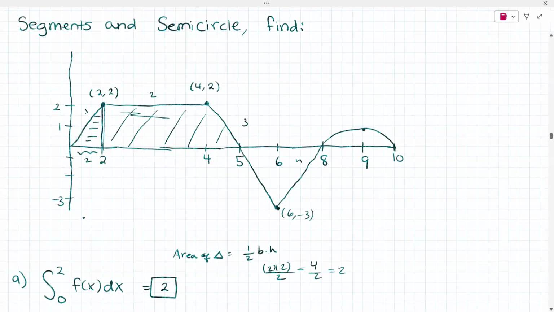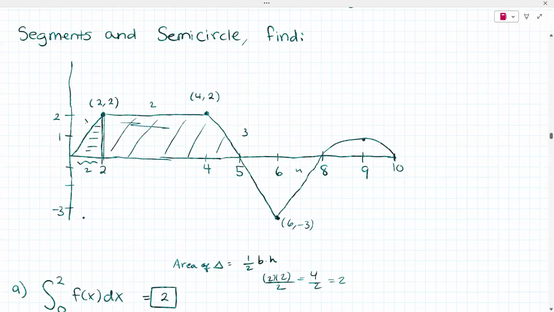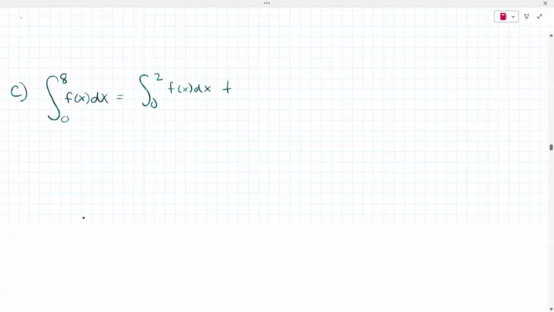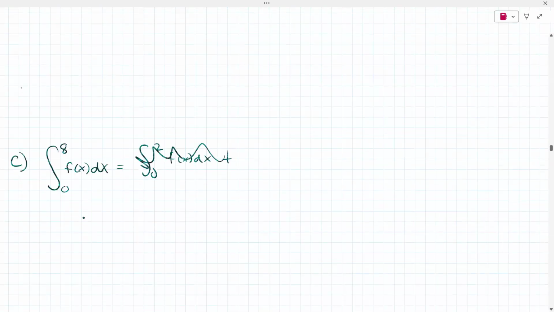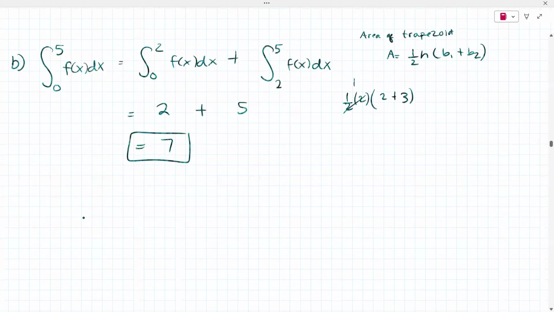Actually, no. I've got a better idea. We could take the answer from B because that's from 0 to 5. I just realized that. So on C, it would be the integral from 0 to 5 of f of x dx plus the integration from 5 to 8 of f of x dx.